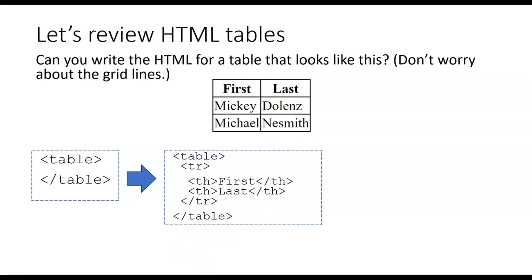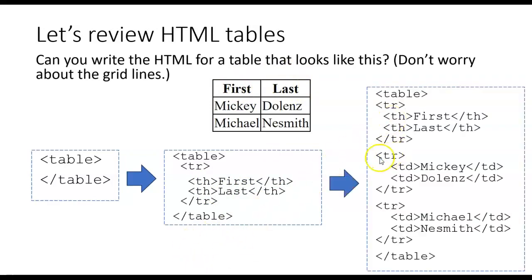Once I have that, then I add another row with Mickey and Dolenz as another row with 2 columns, and then I add Michael Nesmith with another row and 2 columns. And I make sure that I end with the closing table tag. So I progressed from this to this, if not writing it down at every step, at least in my mind, I progressed in that fashion.